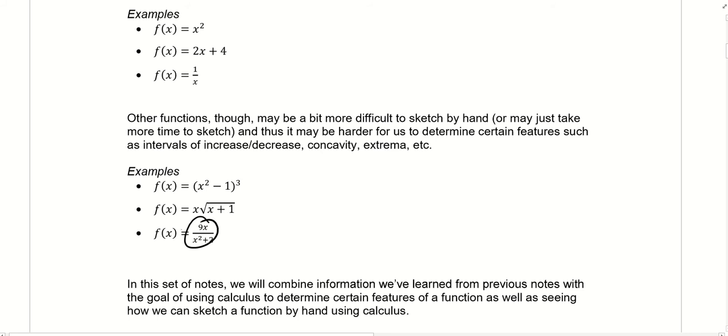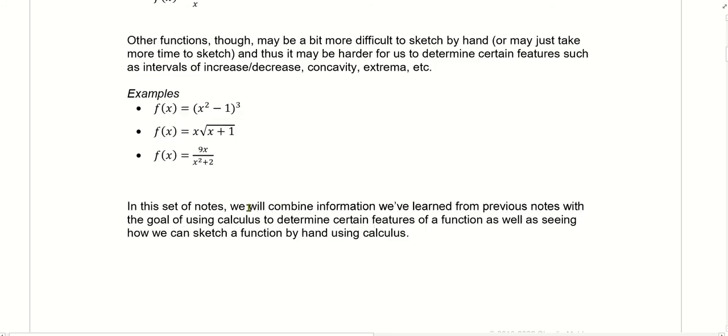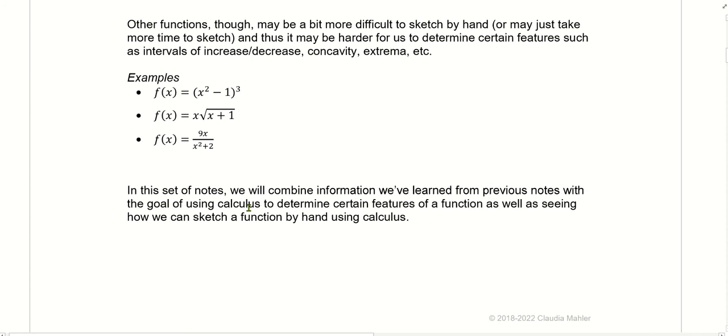Or something like f of x equals 9x over x squared plus 2. So what we're going to see in this set of notes is that we're going to combine information that we've learned from previous sets of notes with this new goal of using all of the stuff we've been doing in topic 8 and topic 9, apart from optimization, to sketch a function and determine features of a function from a sketch.